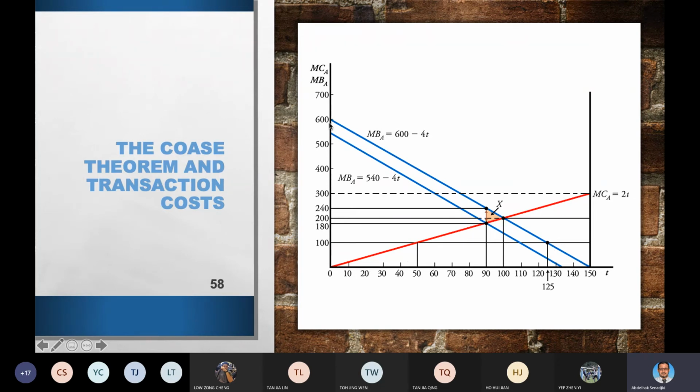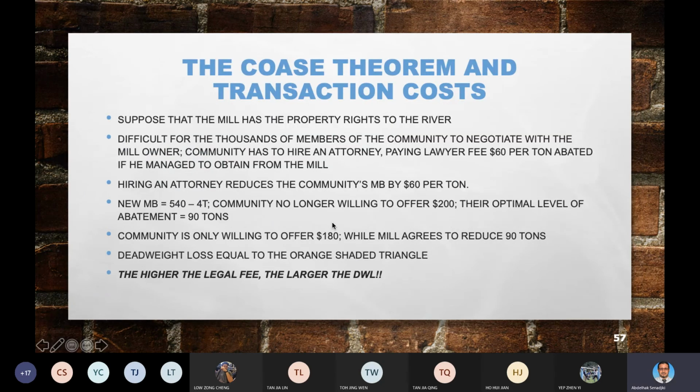The new marginal benefit is reduced by 60, so from here to 540, and we have the new equilibrium at 90 units. The community will offer only $180, while the firm agrees to reduce only 90 tons.